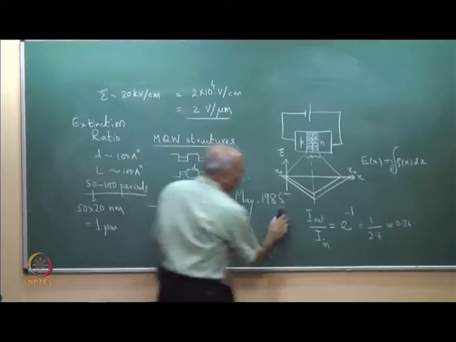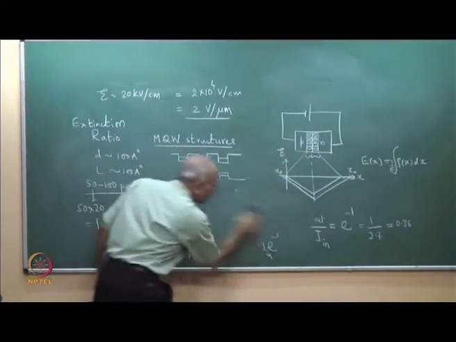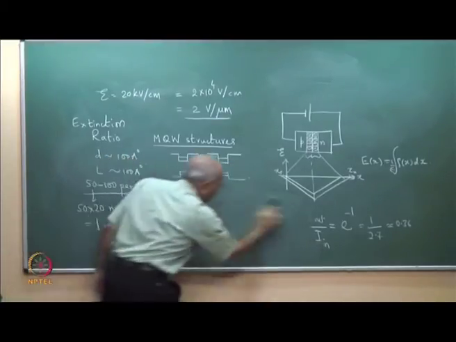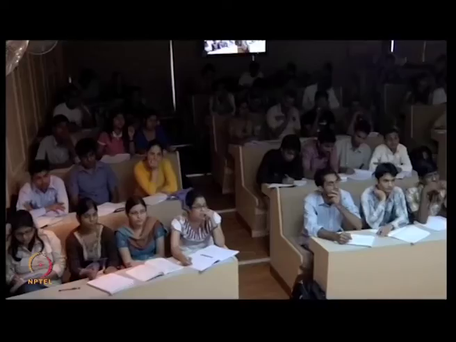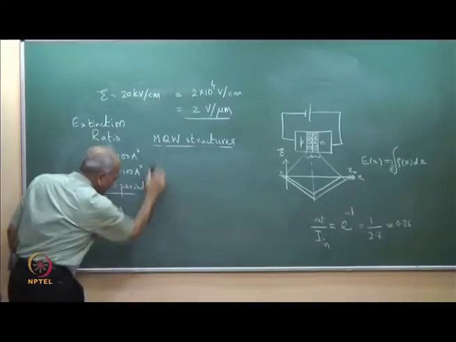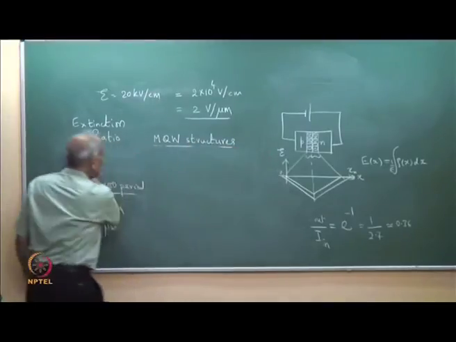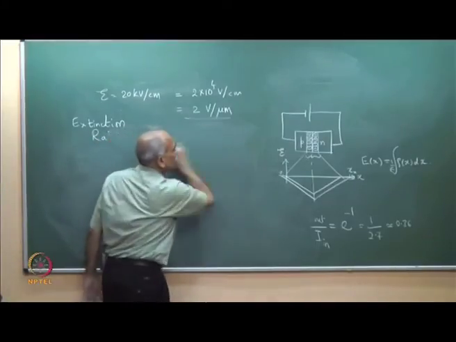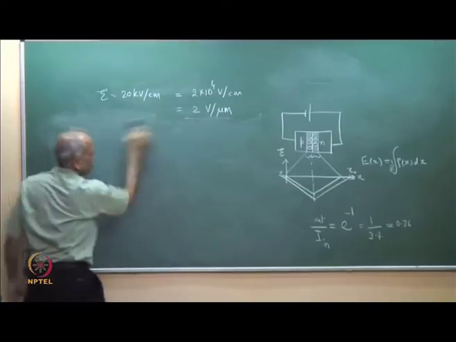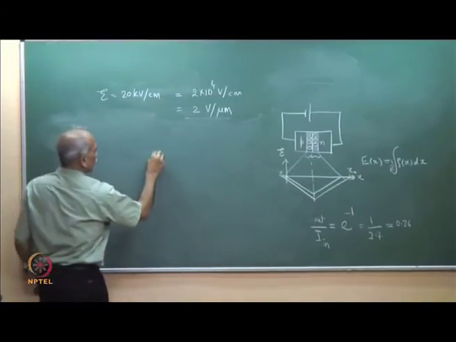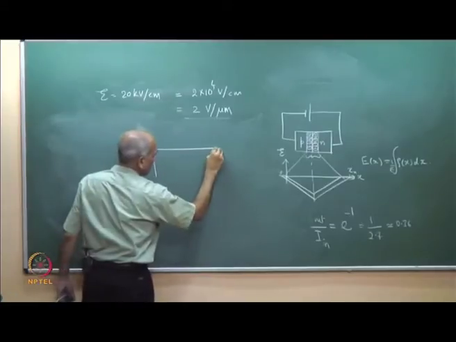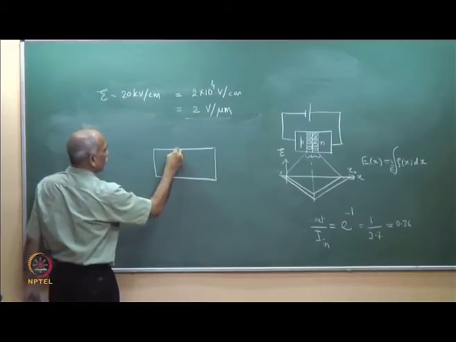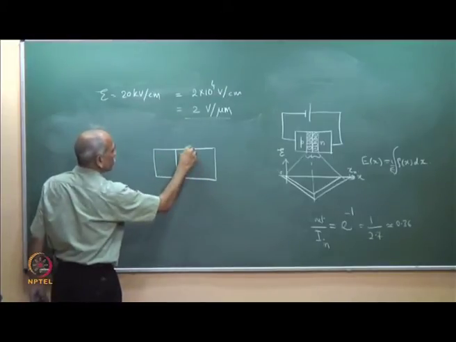So, using this concept, if you use a PIN structure, what is the device configuration? Almost all devices use a reverse biased PIN structure. The structure looks like this. This is a schematic representation.